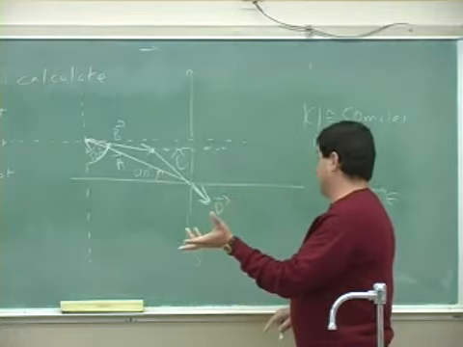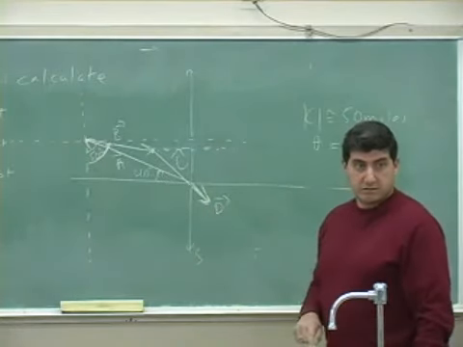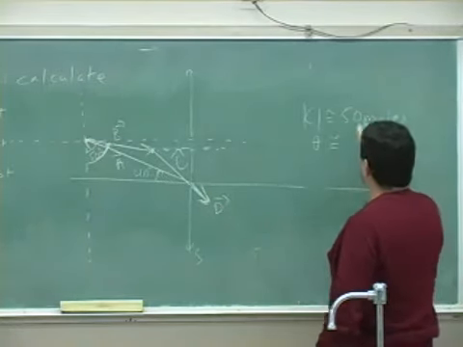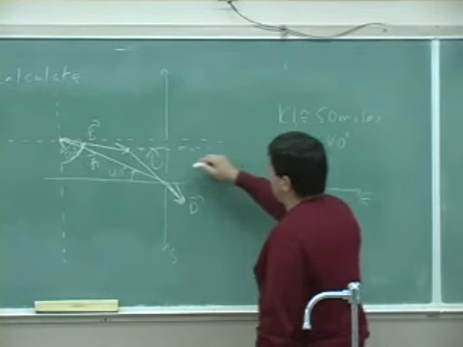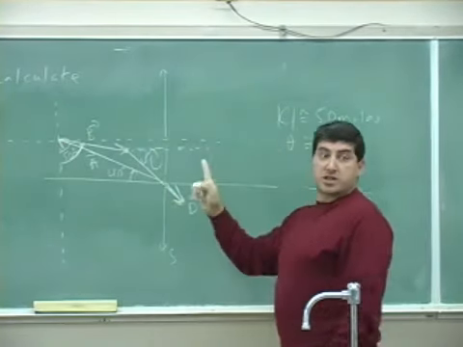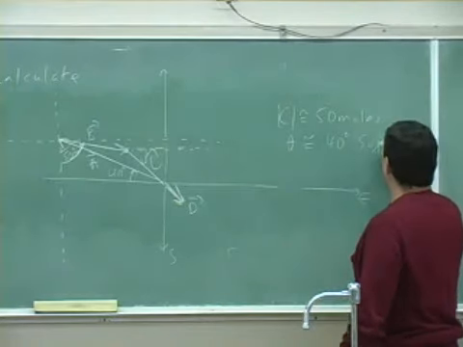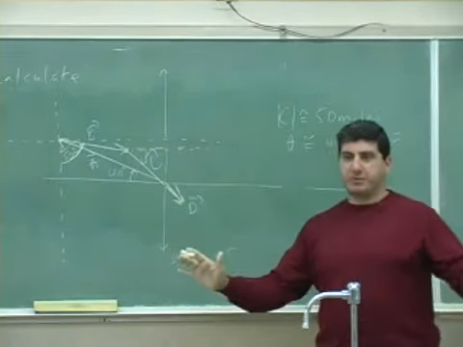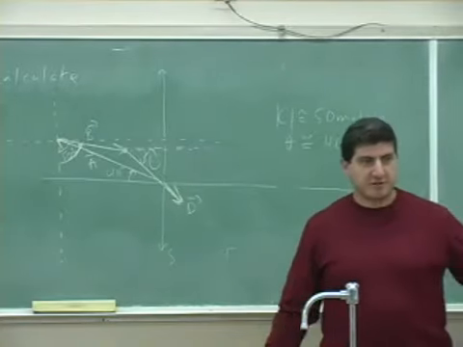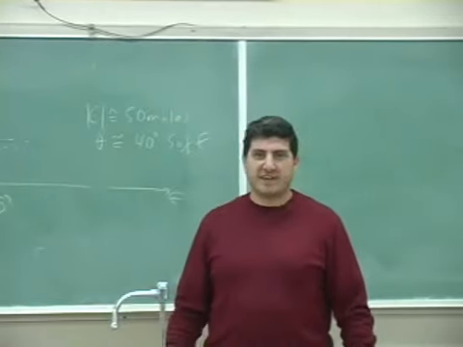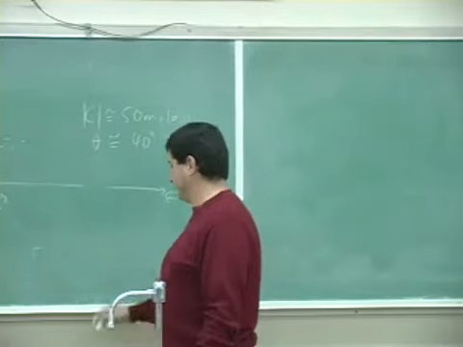So I would say about 40 degrees, and the angle is going to be south of east. So based on a really quick sketch, that's my answer, and then we'll do the actual math next time. Okay? Good.